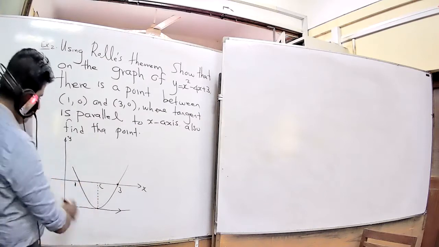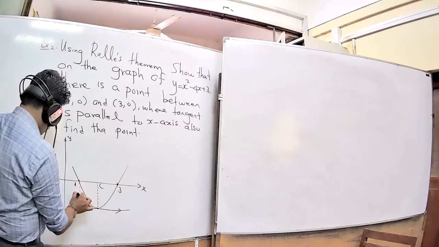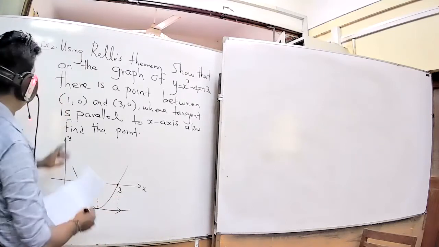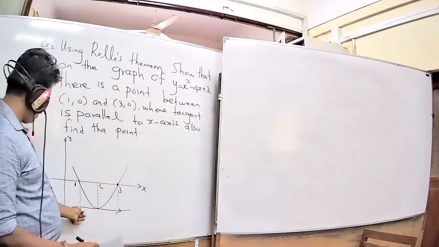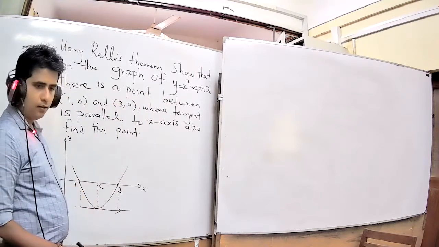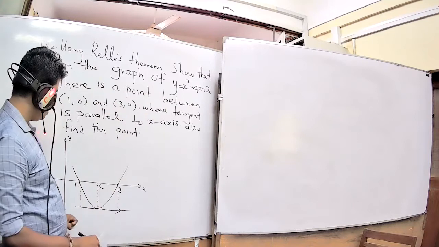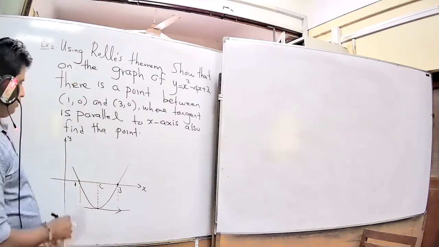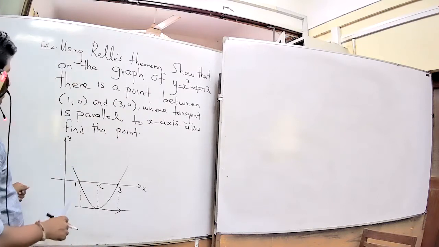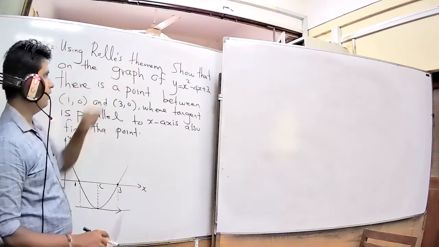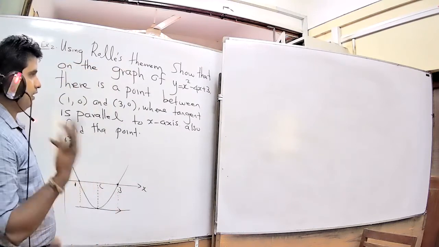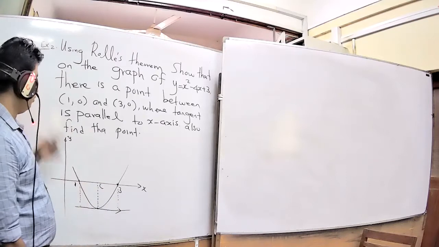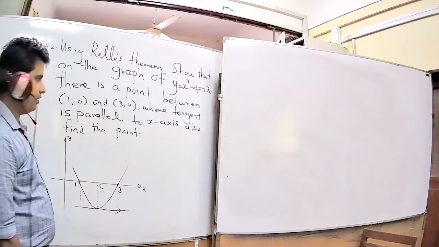Now they ask what is the value of C. From this equation you can find these values, then you can apply Rolle's theorem and find the value C. Understand? Here they ask using Rolle's theorem, so you want to show that the 3 conditions are satisfied, then you can easily use Rolle's theorem to find this value C.